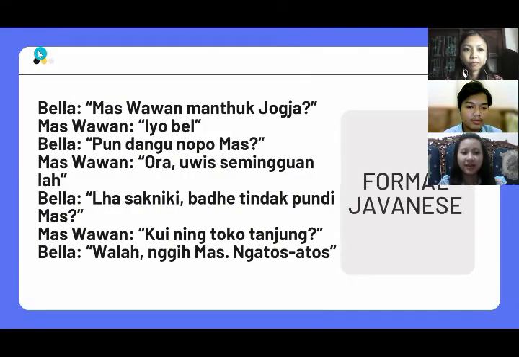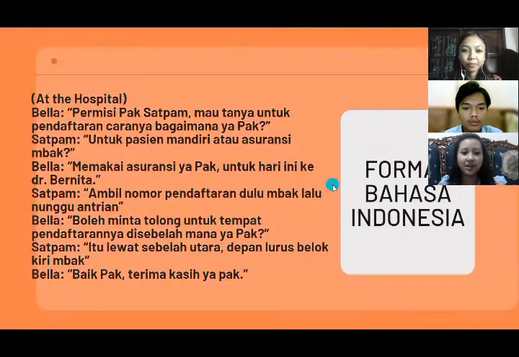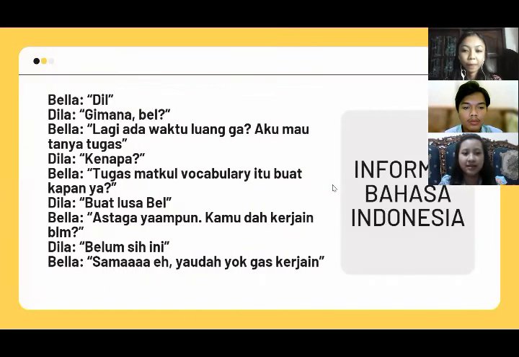Okay, thank you, Bella. And now let's go to example 4. It is about informal Bahasa Indonesia. Bella talks informal Bahasa Indonesia with friends that cannot speak Japanese because they are from different areas.